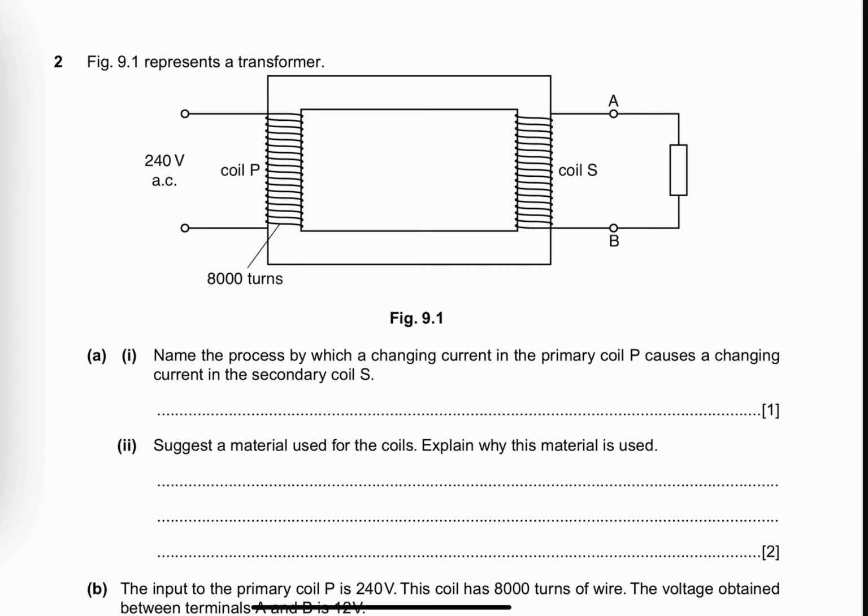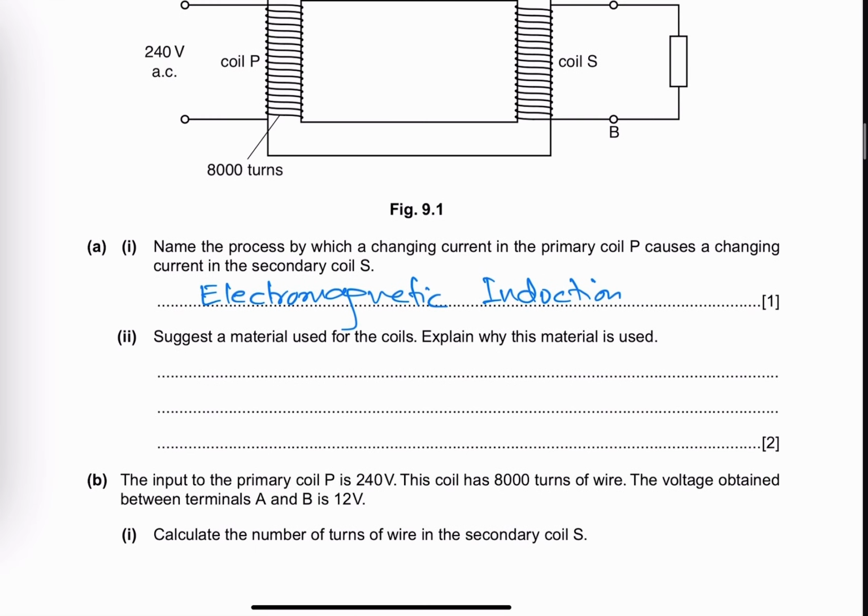Moving to the next question, it represents a transformer. You have to name the process by which a changing current in the primary coil P causes a changing current in the secondary coil. This process is called electromagnetic induction. Suggest a material used for the coil. Explain why this material is used.